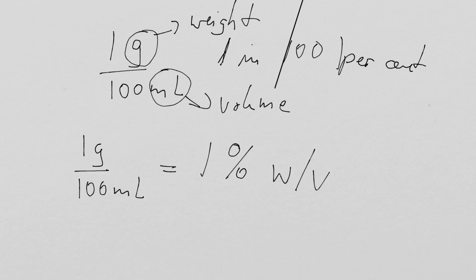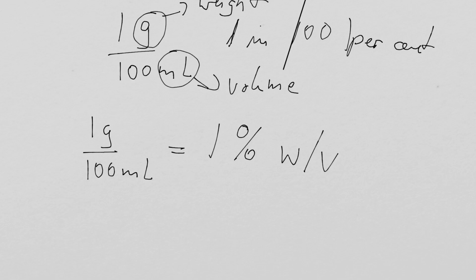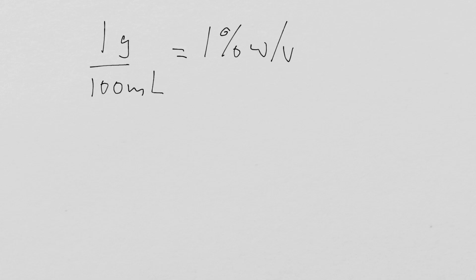And it's quite annoying with these 100 milliliters because we are usually used to work with 1 liter. And there's a very simple trick how you can convert that. So if you have a 1 gram per 100 milliliter solution, so that's our 1% weight per volume, what we do is we just simply multiply or expand this fraction here by factor 10.